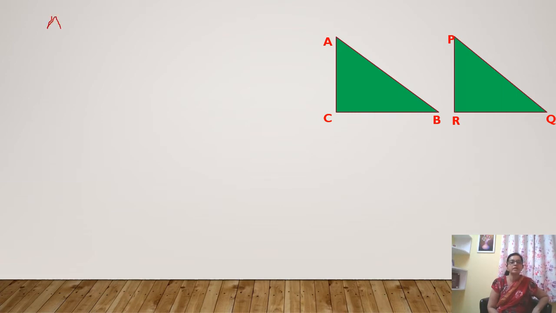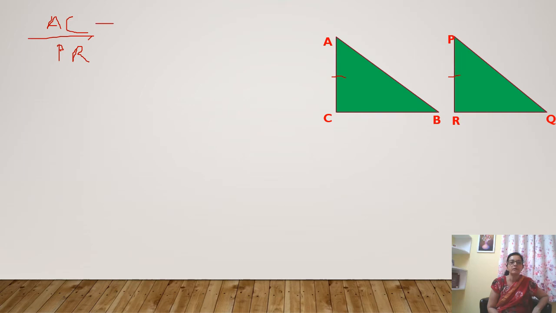We arrived at the result AC upon PR, which were the sides of this side AC and PR are proportionate. AC is proportionate to PR.